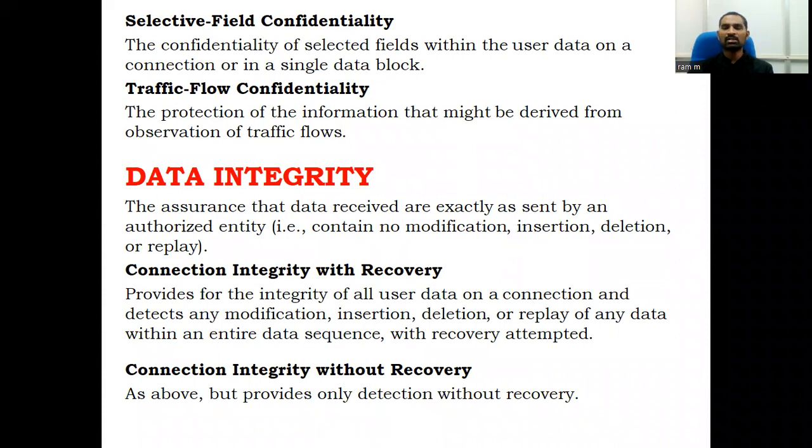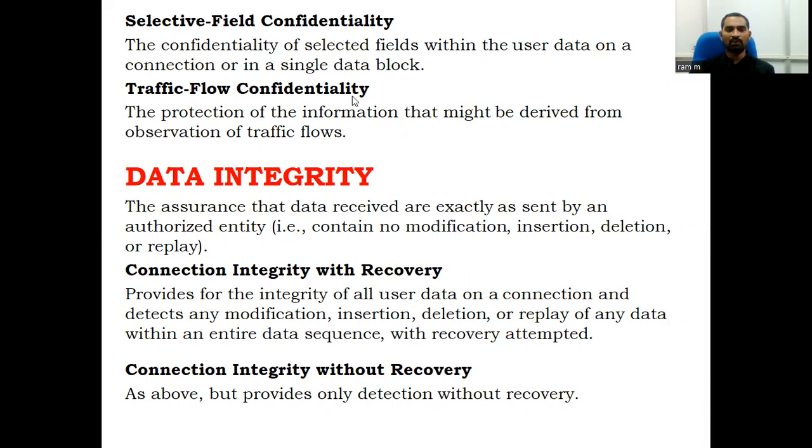There we can use selective fields to provide confidentiality. For example, if we are sending some padding bits where we don't need to provide security, we can leave those padding bits and provide security only to the header, which we feel is very important. That is what we call selective field confidentiality.